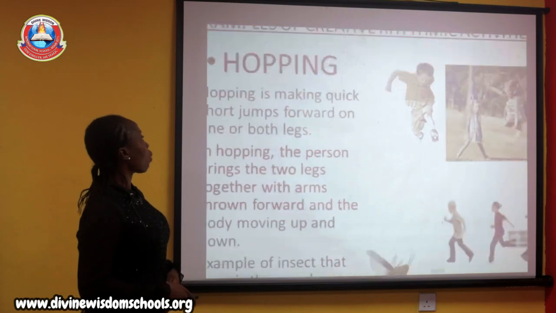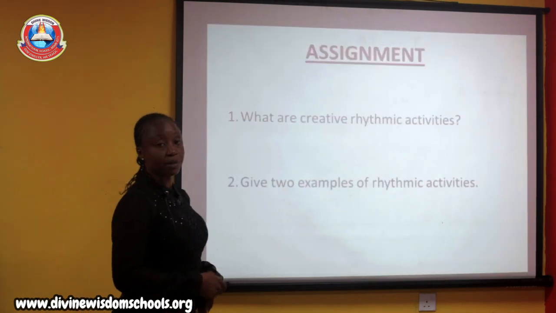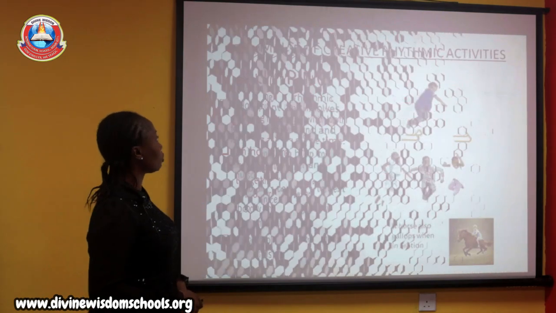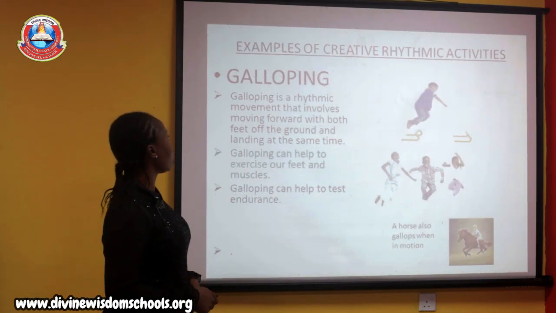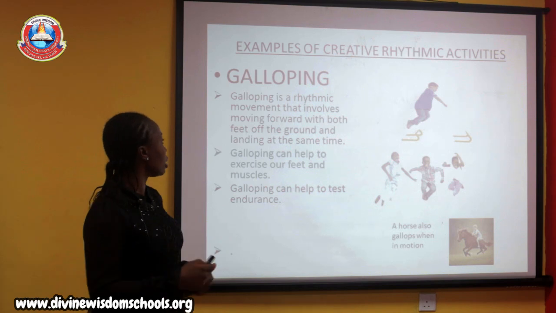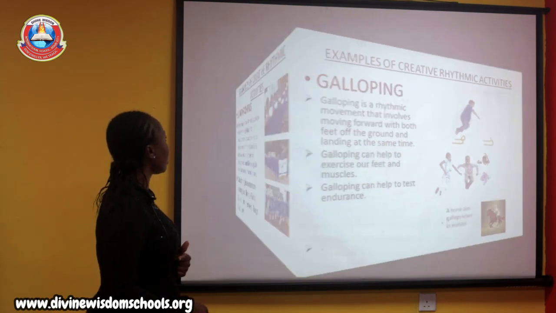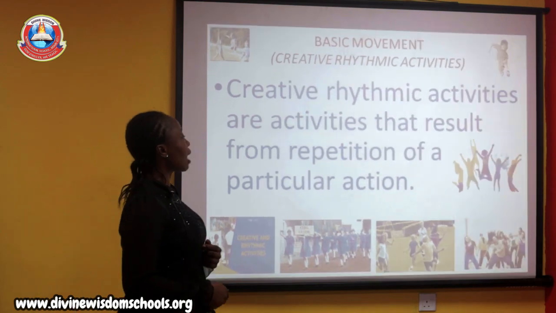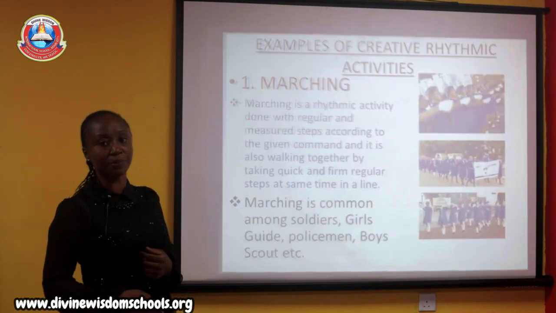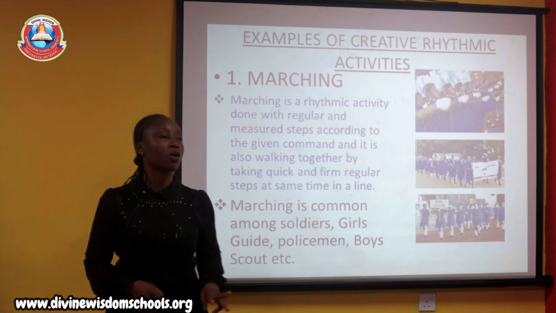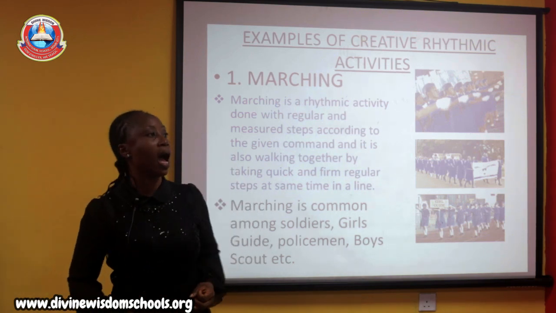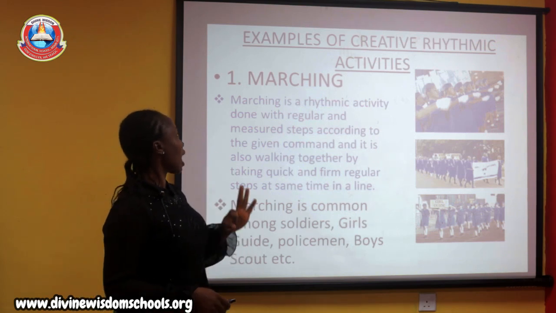Like we have said before, creative rhythmic activities is an activity that is done with repetition. When you repeat doing it over and over again, that is creative rhythmic activities. We've listed 3 examples: marching, hopping, and galloping.